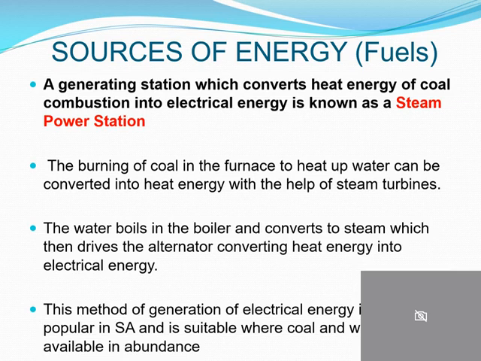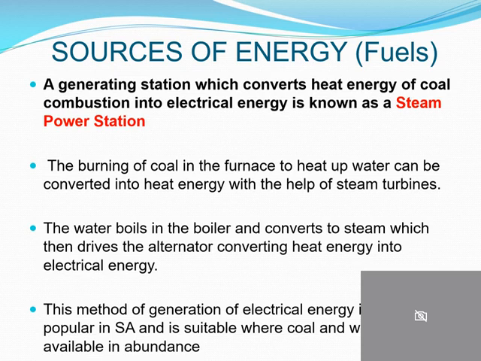So the sources of energy where we now have fuel, okay, it's now something different. Those are generating stations which convert the heat energy of coal combustion. So they burn the coal, and that gets converted into electrical energy, and we call this a steam power station.